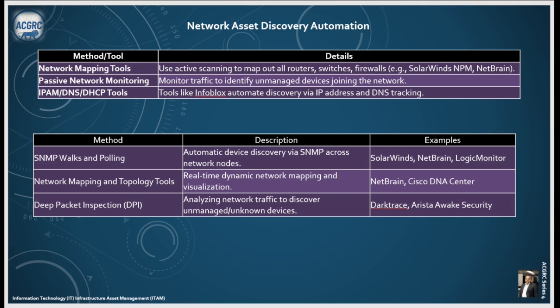SNMP walk and polling is automatic device discovery using SNMP. Examples: SolarWinds, NetBrain, LogicMonitor. Network mapping and topology tools provide real-time dynamic network mapping and visualization. Examples: NetBrain, Cisco DNA Center, etc. Deep packet inspection, or DPI, analyzes network traffic to discover unmanaged, unknown devices, with tools like Darktrace, Arista, Awake Security, etc.